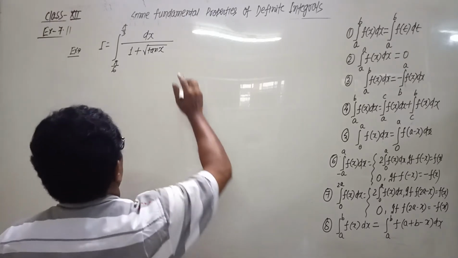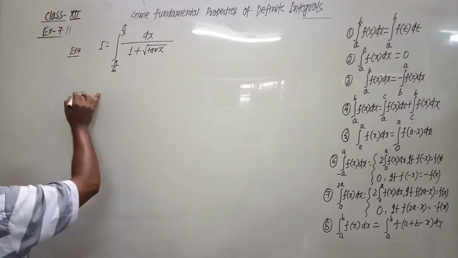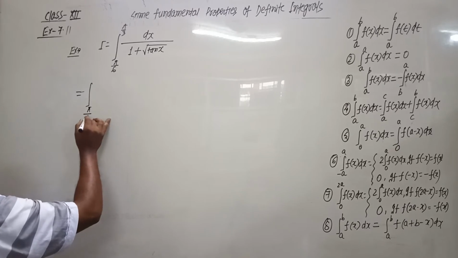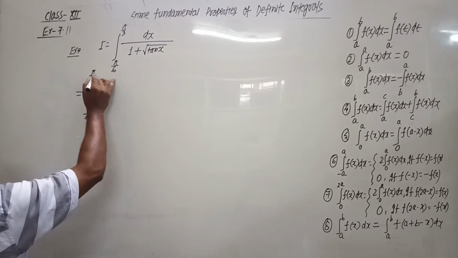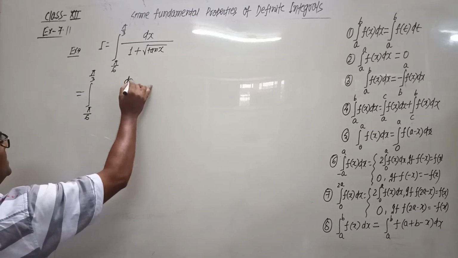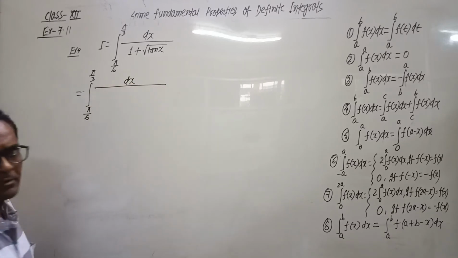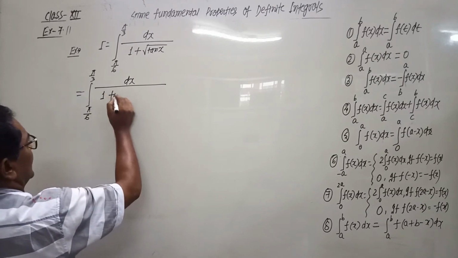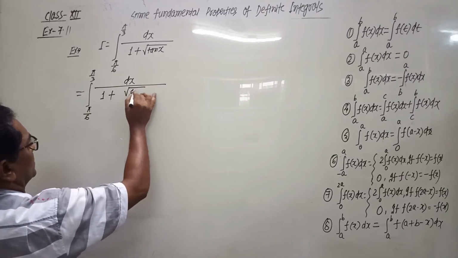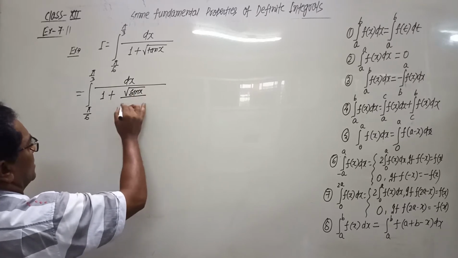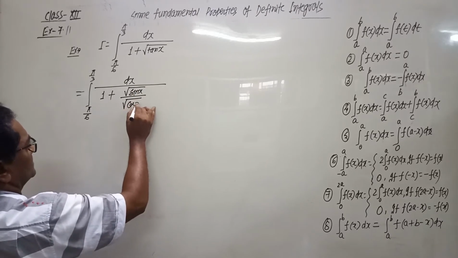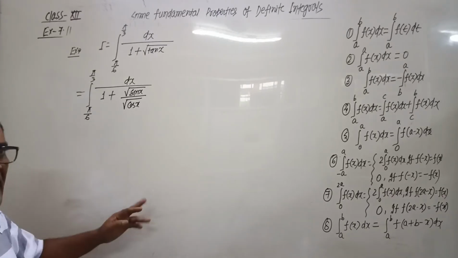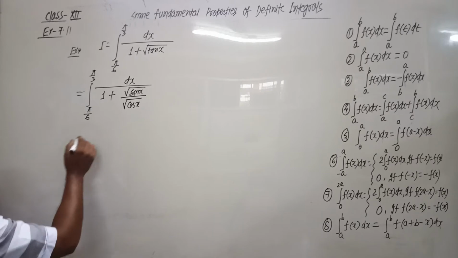So firstly we expand tan x. Integration pi by 6 to pi by 3, dx upon 1 plus root tan x, where root tan x is written as root sin x upon root cos x.